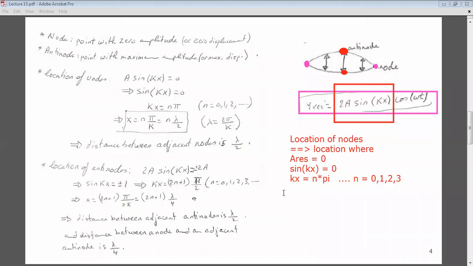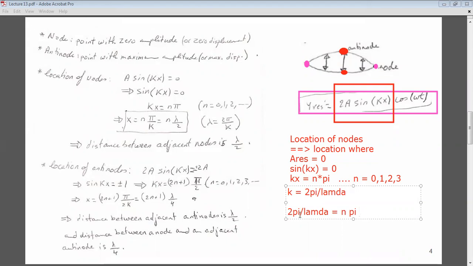But k is equal to what? k equals 2 pi over lambda. If you remember this, we came across it several times. So now I will put 2 pi over lambda times x equal to n pi. The pi and the pi cancel each other, and I do cross multiplication.